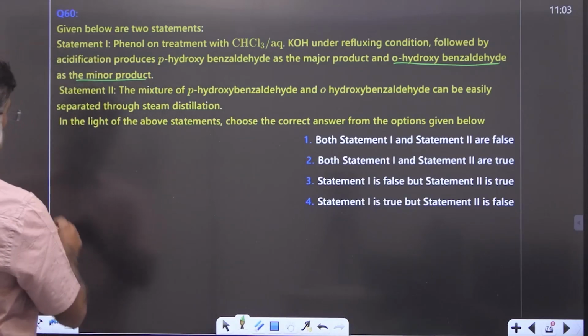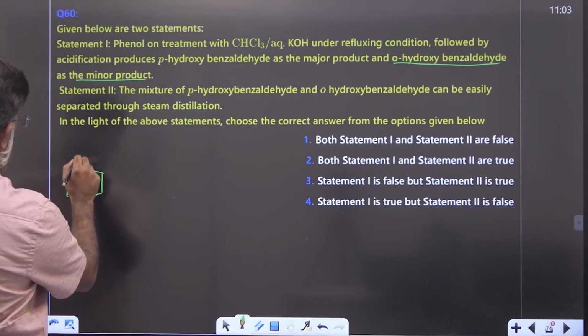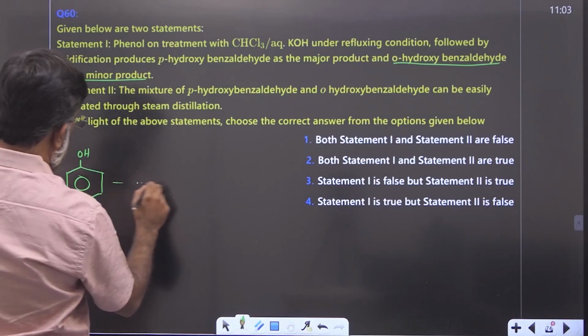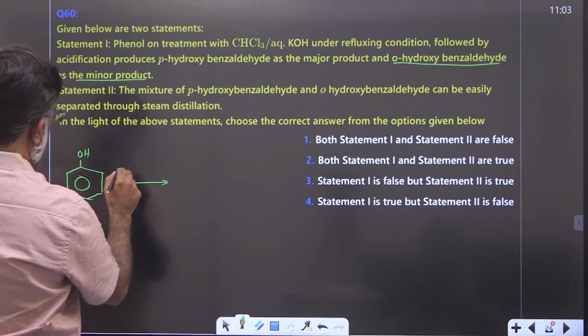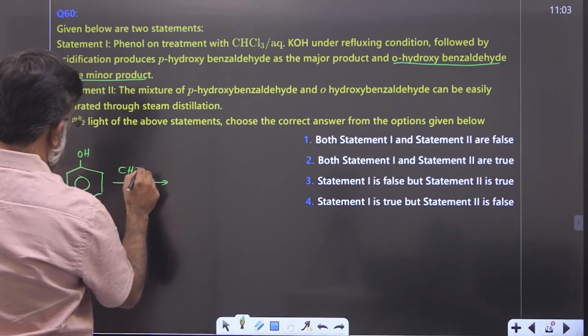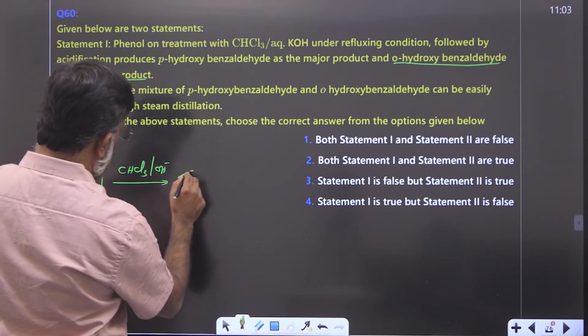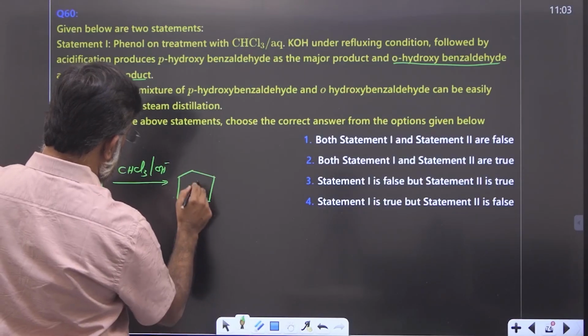Phenol when treated with chloroform and alkali, CHCl3 and alkali, you get an intermediate.